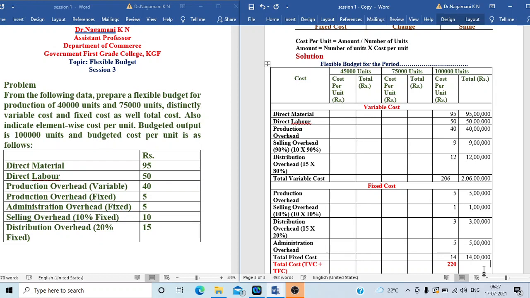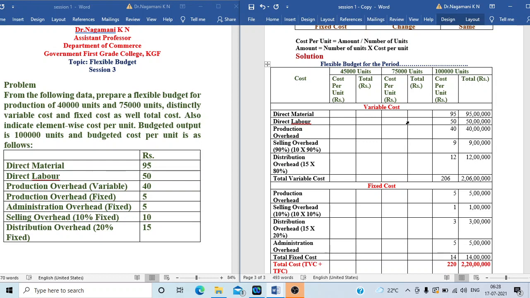Then total cost amount for 1 lakh units also we should put. It is 2 crore 20 lakhs will come. Okay, next.